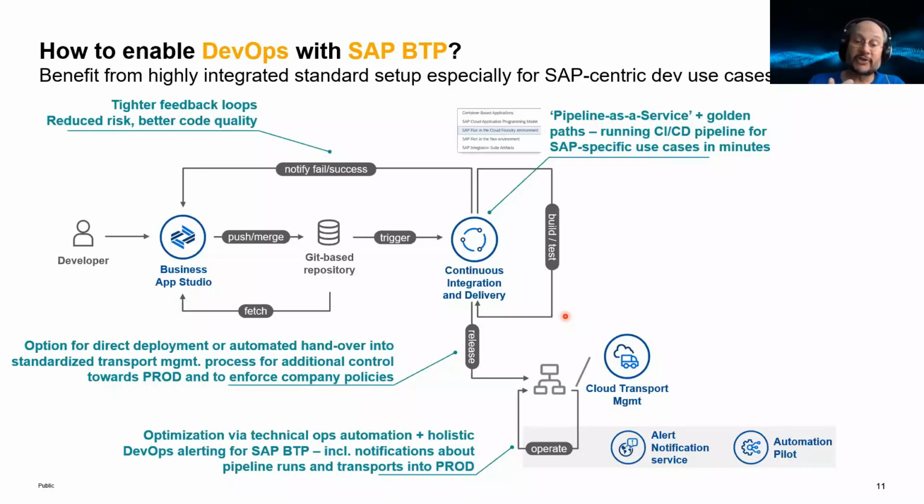And this can also include, if we want to, integration into operation of your application or of your deployment process with the so-called Alert Notification Service and Automation Pilot. These are further services inside BTP, which are, for example, triggered when a transport request has been delivered to some sub-account.